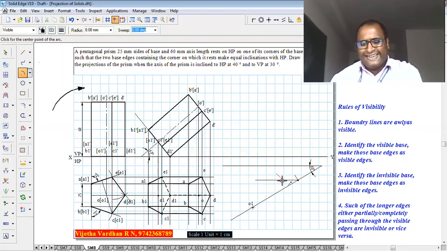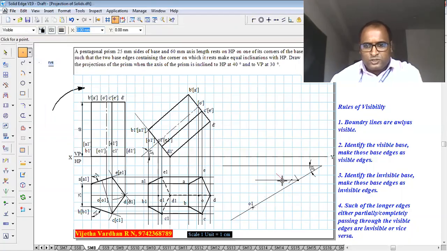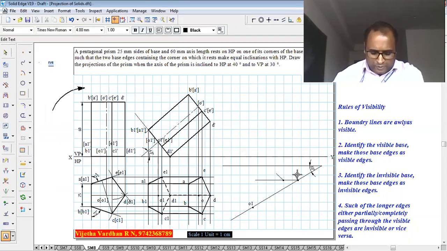Wherever it intersects the line over here, you can keep a point there, and that point can be named as the actual point O. Now, using your pencil, one can state that this is the actual point O.